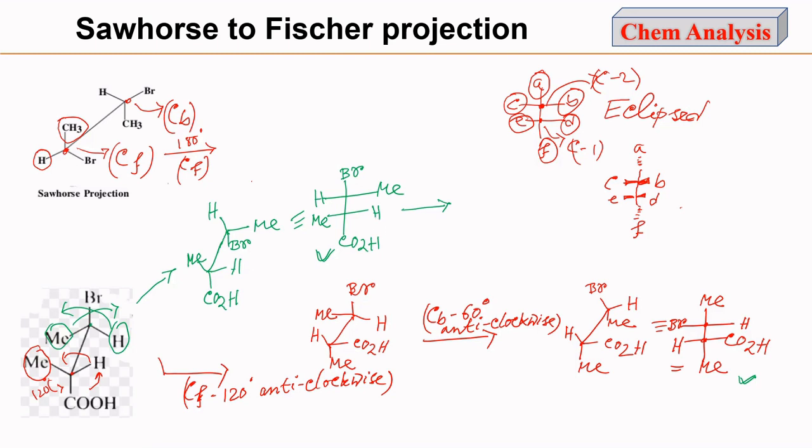In this video just keep in mind that this three group exchange is possible or allowed. So if we exchange these three groups, then methyl group will come on the vertical axis and CO2H group will go on the right side, hydrogen atom will go on the left side. And similarly, if we perform the three group exchange here on the back carbon, then methyl group will go here, bromine atom will come here, and hydrogen will go on the right side.